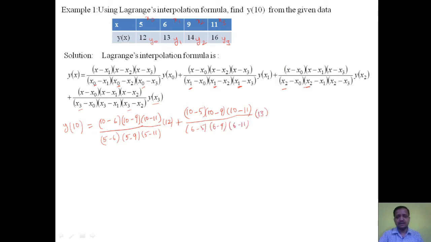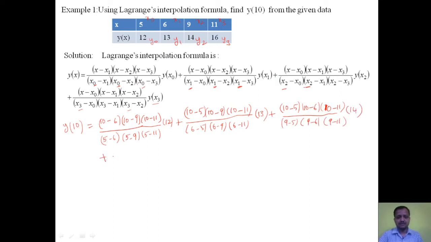That is y1, 13, plus: x is 10, x0 is 5, x is 10, x1 is 6, x3 means 11. Here x2 will appear in the denominator, x2 is 9. So 9 minus 5, 9 minus 6, 9 minus 11, into y at x2, that is y2, 14.